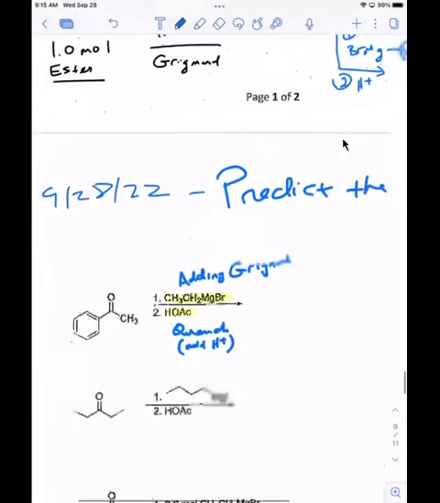All right. So looking at the Grignard, two questions. Number one, which carbon in the Grignard is going to attack the ketone? Number two, what does the product look like?